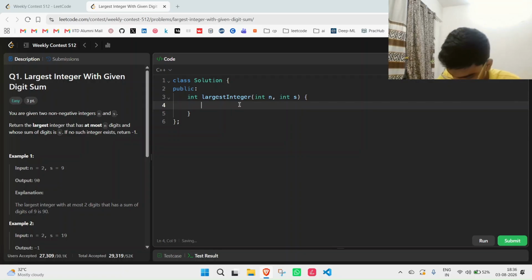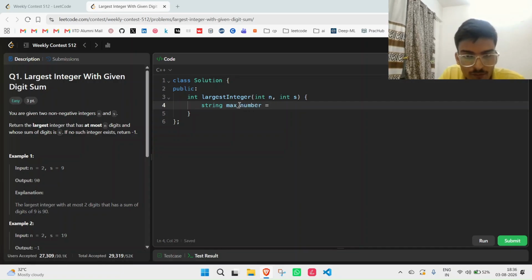But if n can be up to 5, that's a very low constraint question. We can find a string, then we can convert that string to an integer. So we can write a string max number equal to empty.